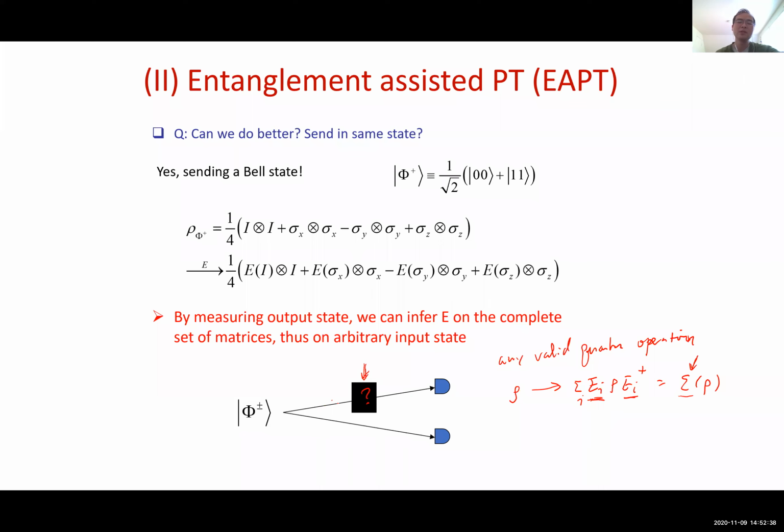Previously we were saying we could send in 0, 1, plus, plus i. But we could also send just one Bell state with one of the qubits going through this. And you can easily understand the action, because qubit 1 is going through that.